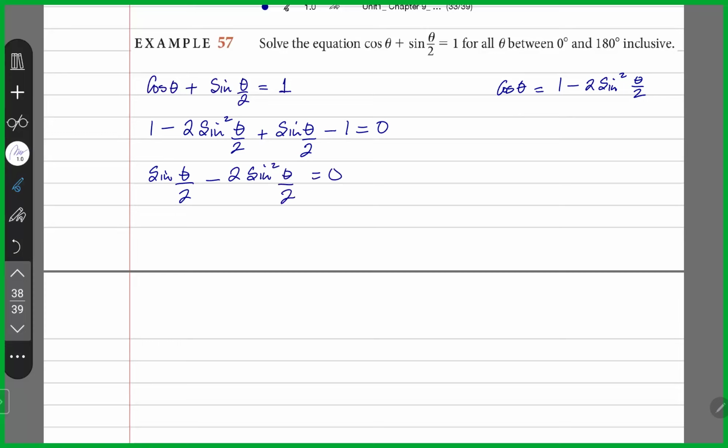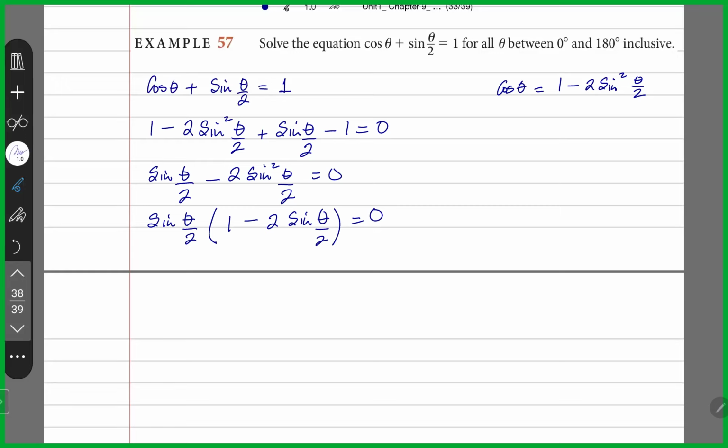Because 1 minus 1 is 0, sine theta over 2 is common, so we have sine theta over 2, open bracket, 1 minus 2 sine theta over 2 is equal to 0.